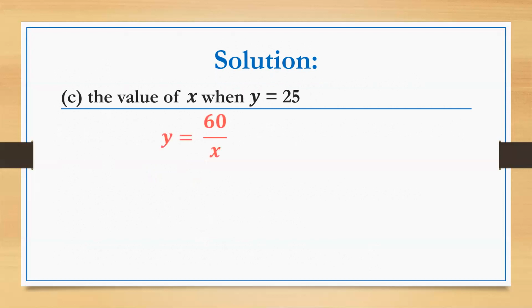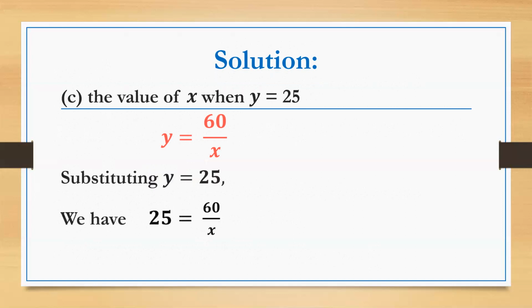So I use the equation y equal to 60 over x and I replace y by 25. I get 25 equal to 60 over x. That is 25x equal to 60. And simplifying, I get x equal to 60 over 25, which will give me 2 2/5.